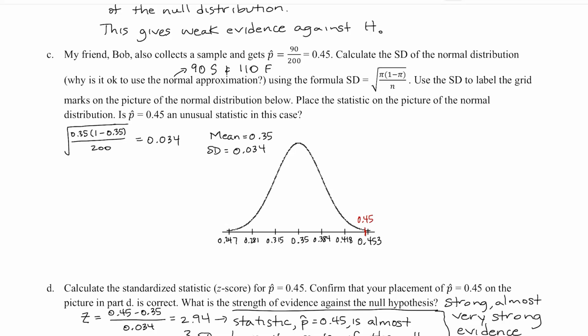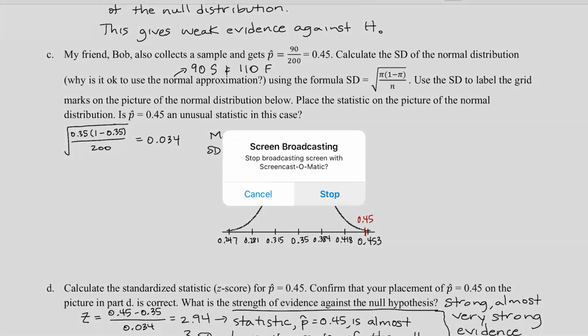Okay, so we have the same statistic, but it's in a very different place in that null distribution. That's all depending on the standard deviation, which itself depends on the sample size.